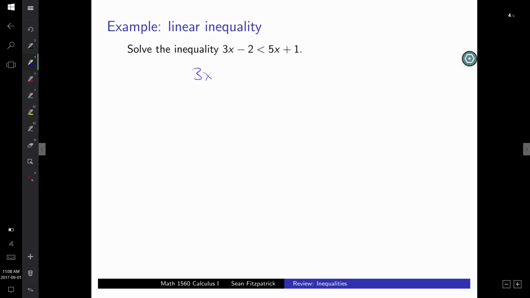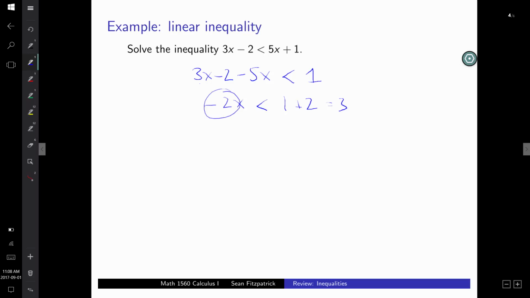So 3x minus 2 minus 5x would be less than 1. And then I can also add 2 to both sides, get rid of that 2. So first let's combine these. 3x minus 5x is minus 2x, and that's going to be less than 1 plus 2, which is 3.